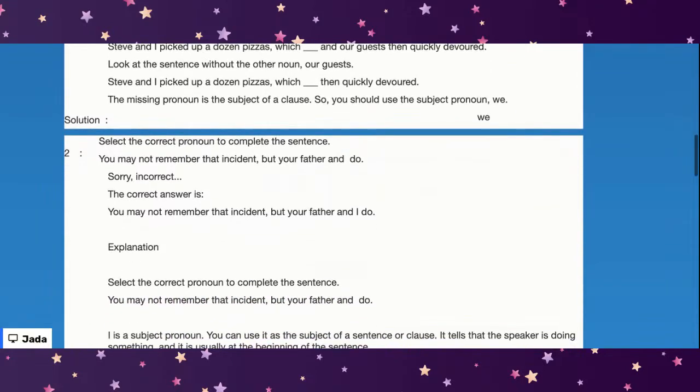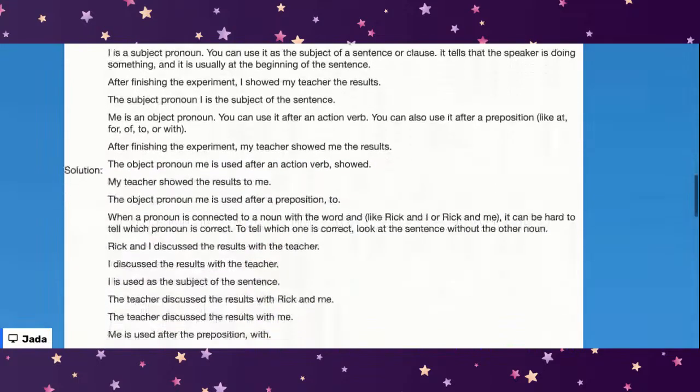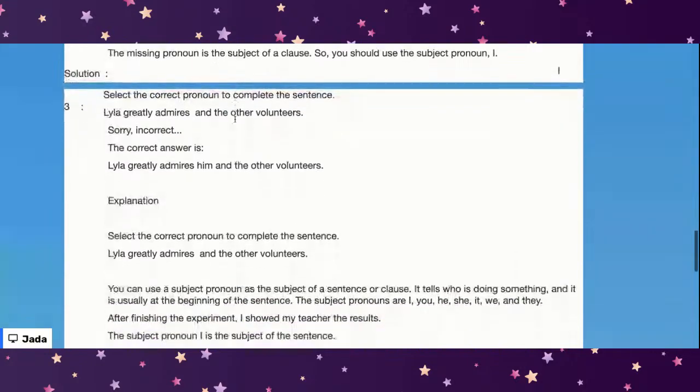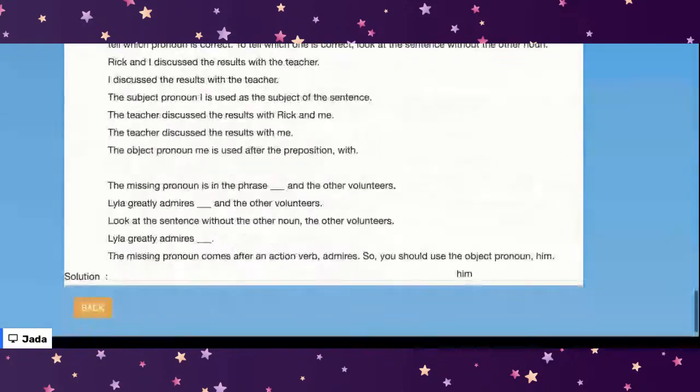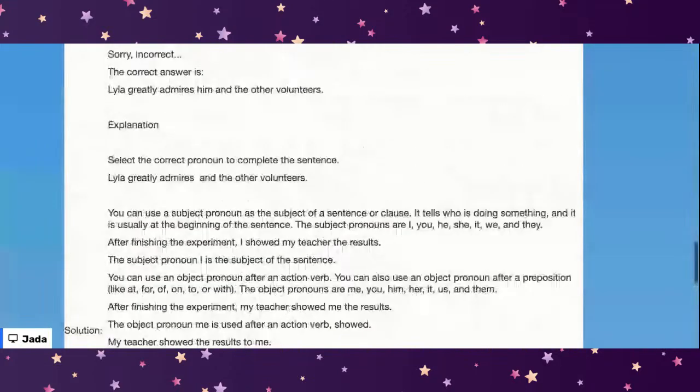You may not remember the incident, but your father and blank do. So your father and what? Your father and I, yes, your father and I do. Layla greatly admires blank and the other volunteers. Now volunteers is plural, so it's supposed to be him and the other volunteers.